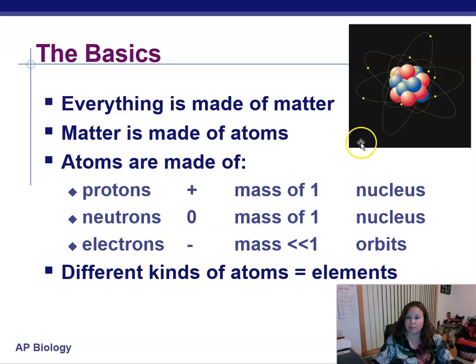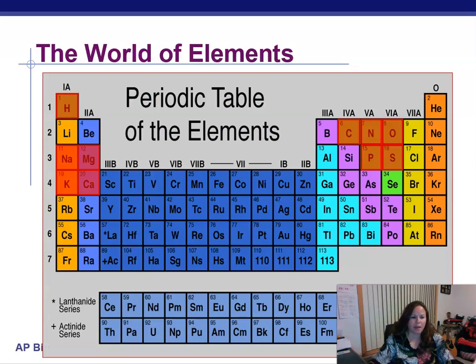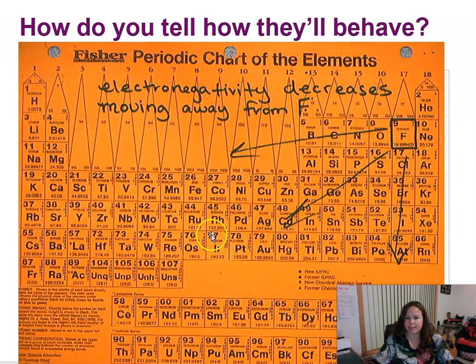And then electrons orbit on energy shells outside of the nucleus and have a negative charge and not much of a mass at all when compared to protons and neutrons. So when you look at the periodic table and you see masses, like the periodic table I gave you, the masses down here are mostly a combination of the protons and the neutrons.